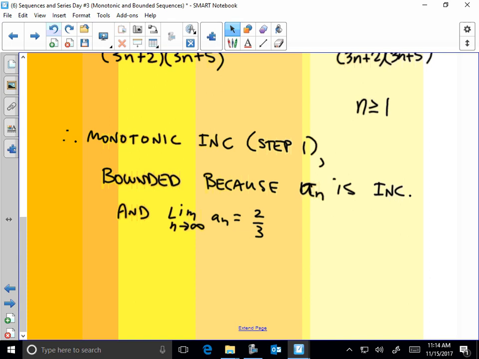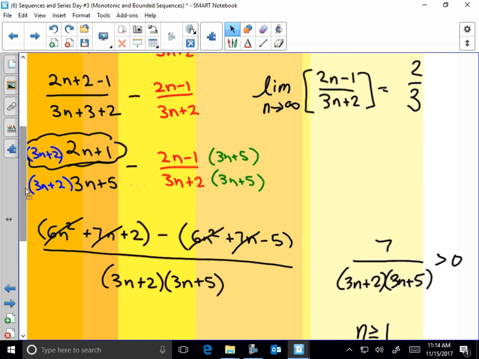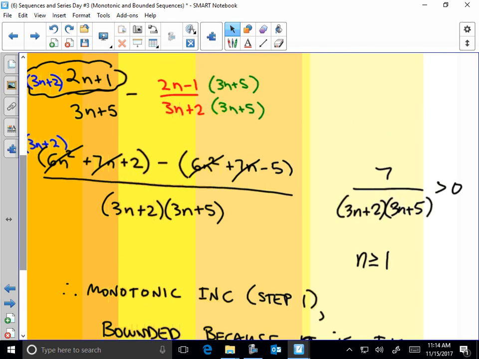Let's be very clear about this. What if this came out to be that? It'd always be decreasing, which is okay. We like always increasing or always decreasing.